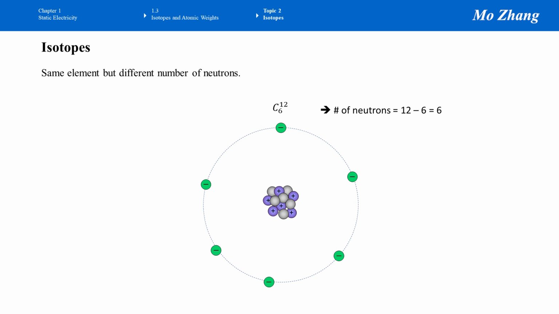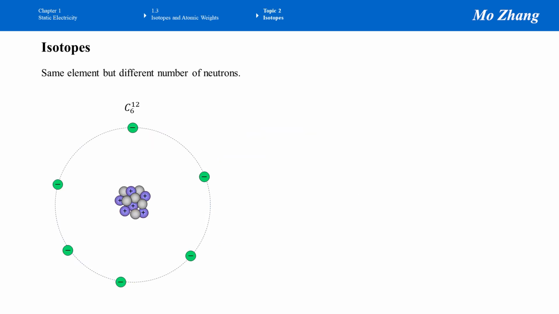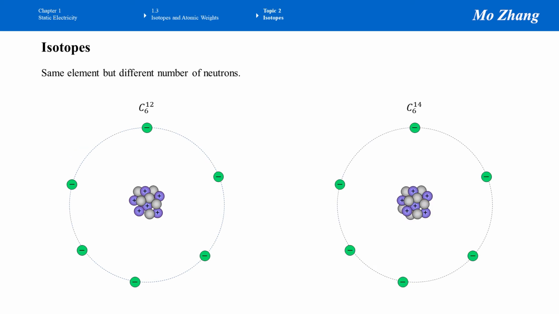Let's put this carbon 12 over here. Next, we have carbon 14. This carbon has 6 protons. However, there are 14 protons and neutrons combined. Therefore, 14 minus 6 equals 8 neutrons. Carbon 14 has 8 neutrons.